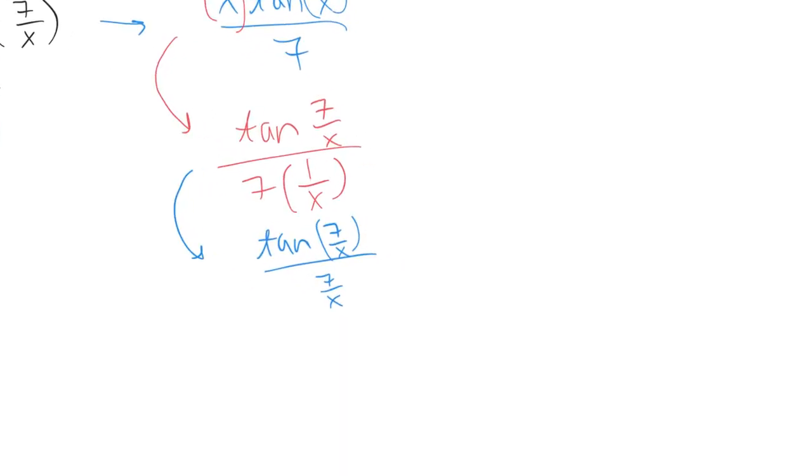And now when I take the derivative of the top and bottom, well, the derivative of tan is secant squared of this. But if we were to take the derivative of 7 over x, that would be really 7 times x to the negative 1. And the derivative of that is negative 7 times x to the negative 2, which is really equal to negative 7 over x squared.